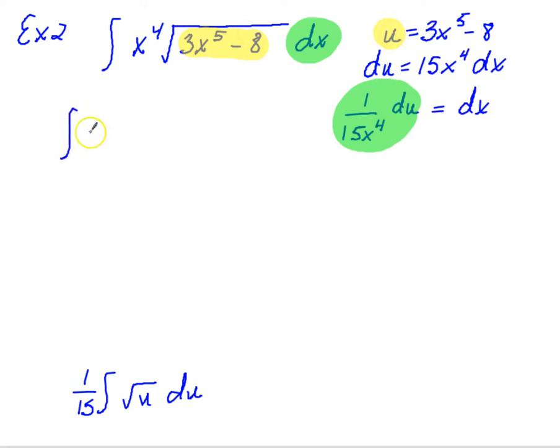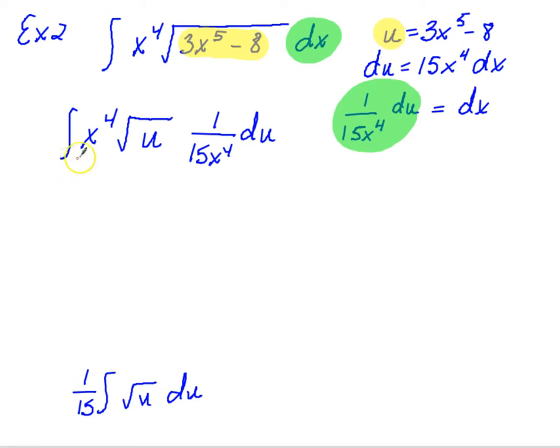So I've got the integral of x to the fourth times the square root, and that radicand is my u, so now it's just the square root of u, times dx, which is 1 over 15x to the fourth du. Remember the goal here is to have everything written in terms of u so that there are no more x's. That's how you know if you're on the right track.